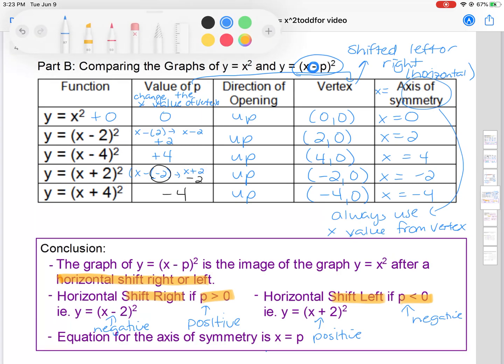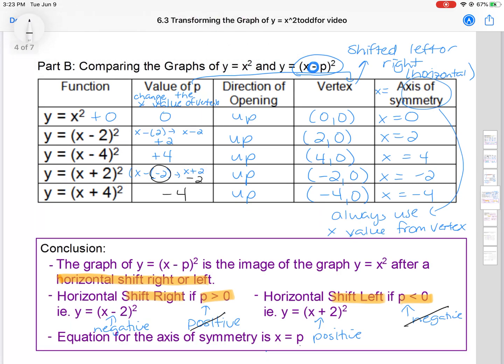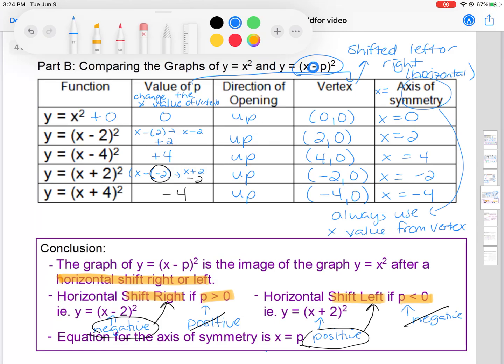So if you want, because you don't have to solve for it ever, if you just want to remember it this way, then that's fine. It's the opposite, okay? So when it's negative, you shift to the right or in the positive direction. If it's positive, you shift in the left or the negative direction. So it's opposite. Okay, so let's do some more examples.